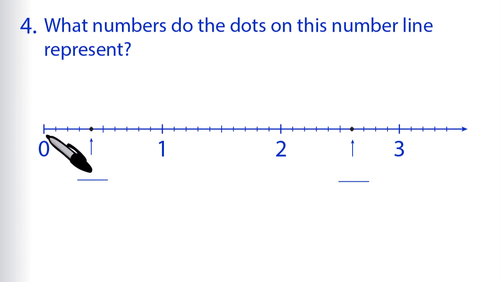For problem 4, we're given this number line here, and then we're asked what numbers do the dots on this number line represent? So we have the main marks 0, 1, 2, and 3, and then we also have these marks in between. And we have 1, 2, 3, 4, 5, 6, 7, 8, 9 marks in between.